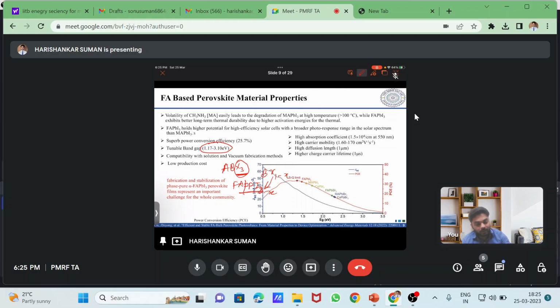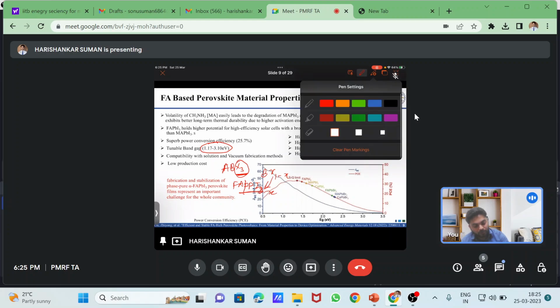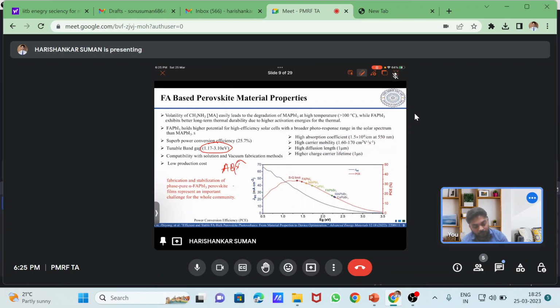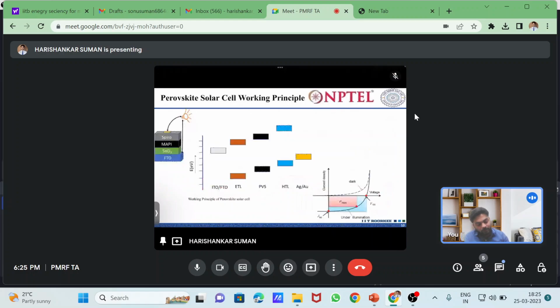Intermixing, compositional engineering. If we mix like that, or vary from chlorine to bromine to iodine, the band gap is tuned, and intermixing can also tune the band gap.